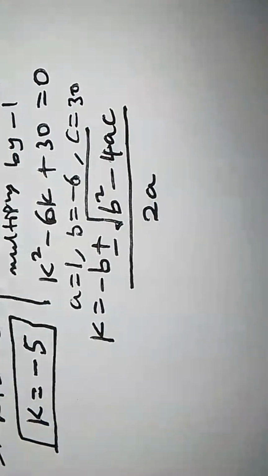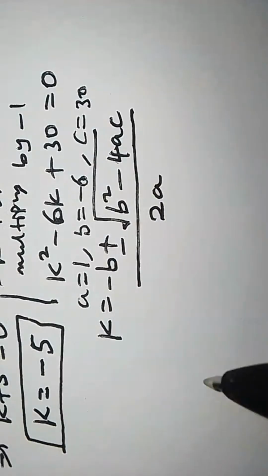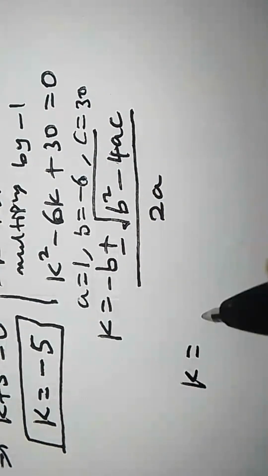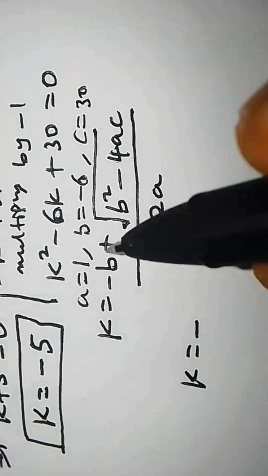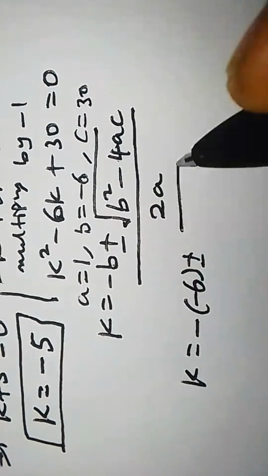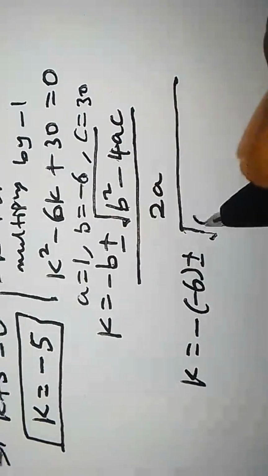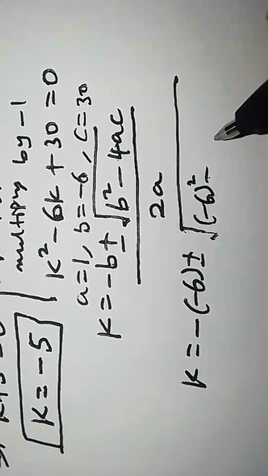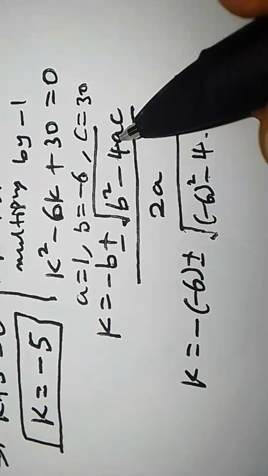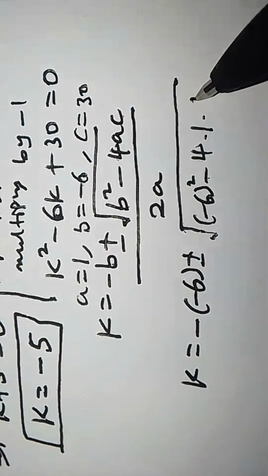So what we have to do now is to plug in these values into this. So K equal to minus b, that is negative 6, plus or minus the square root of b squared, that is minus 6 all squared, minus 4 times a, which is 1, times c, which is 30.